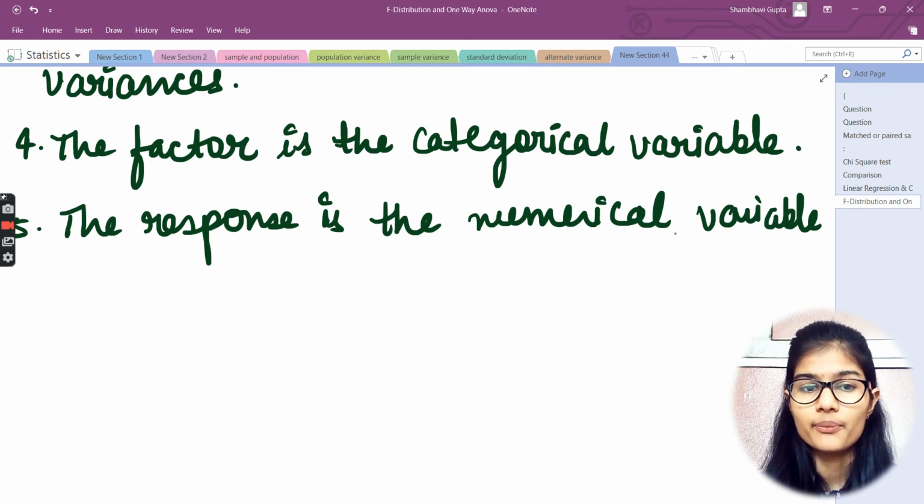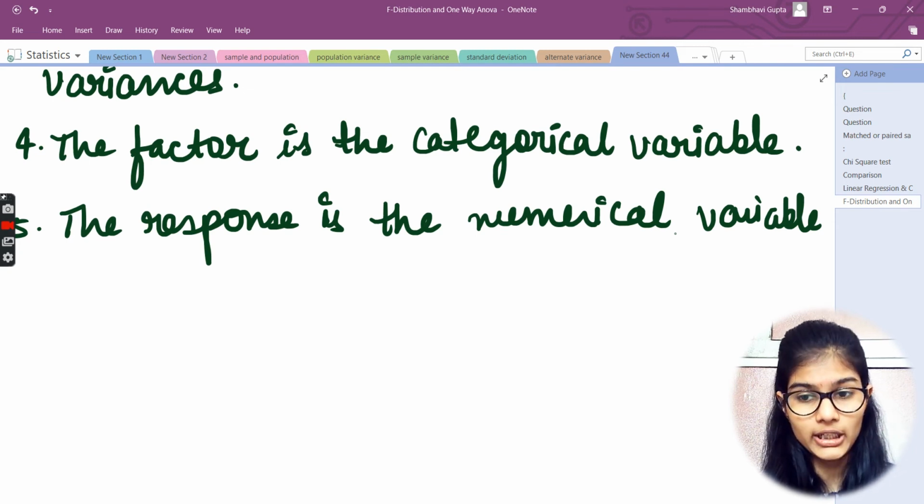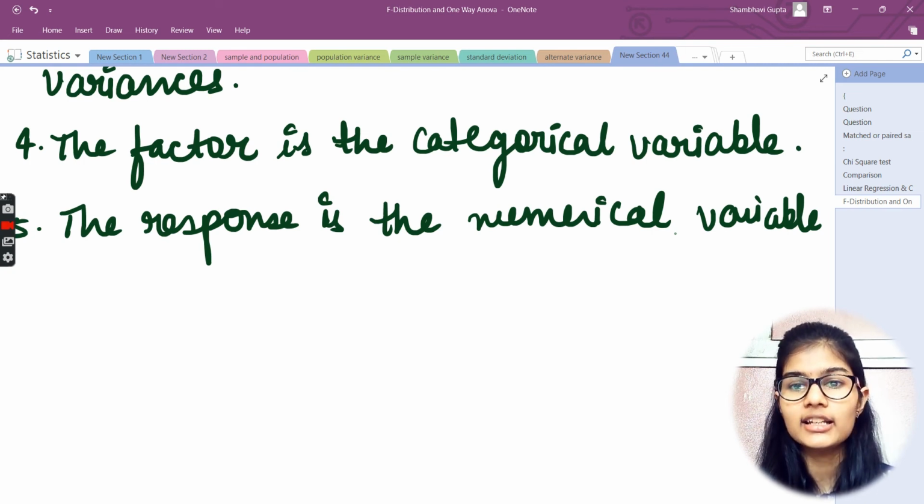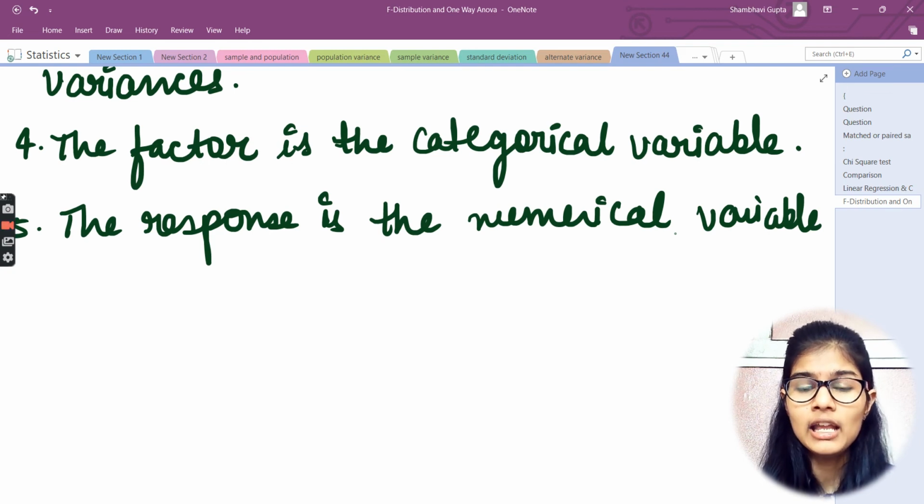Whenever you use numerical variables, some numerical value is associated, either an integer or a float, that doesn't matter, but it is a numerical variable. So the response is the numerical variable. Factor goes in the field of a categorical variable, and response goes in the field of the numerical variable.